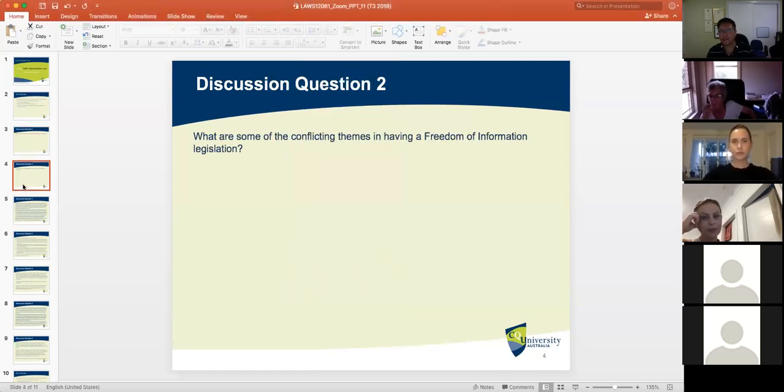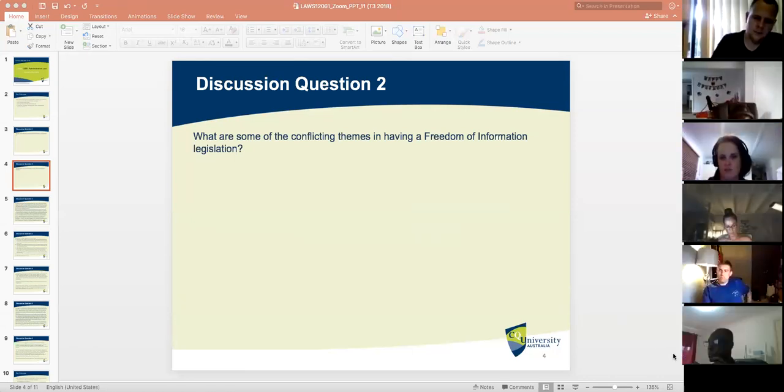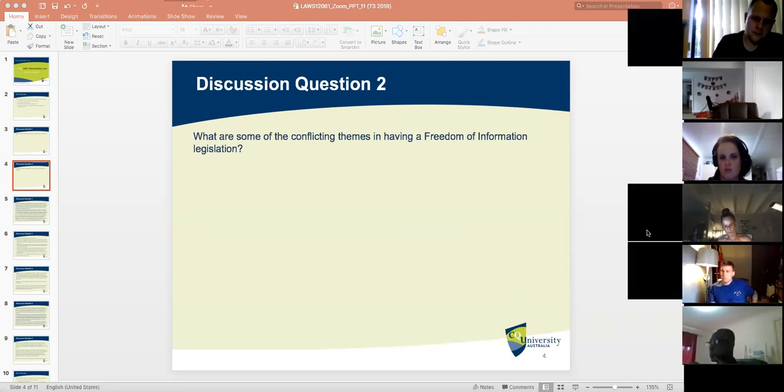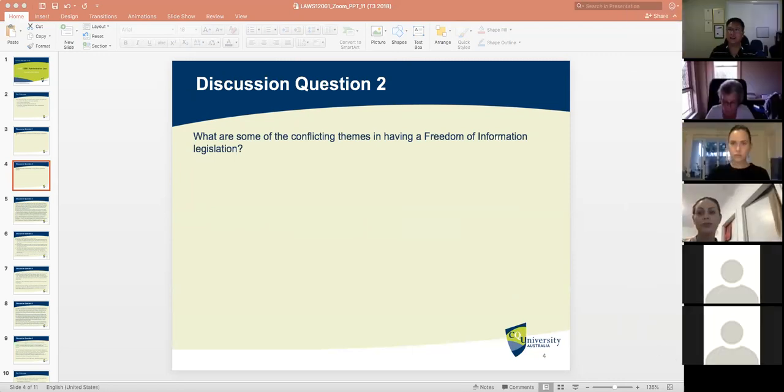Question 2. What are some of the conflicting themes in having a freedom of information legislation? What do you think? Is it all about the public having a legal right to access government information?